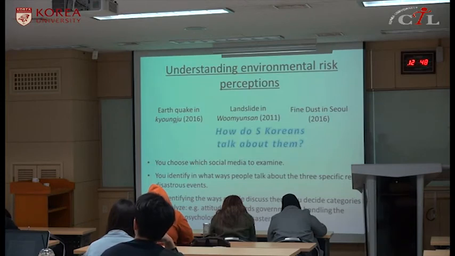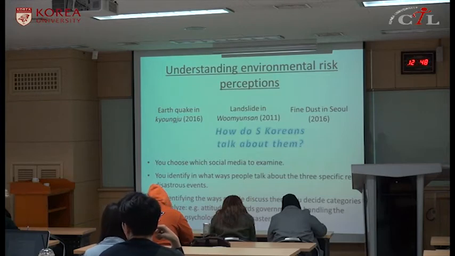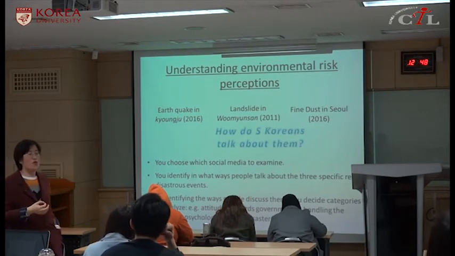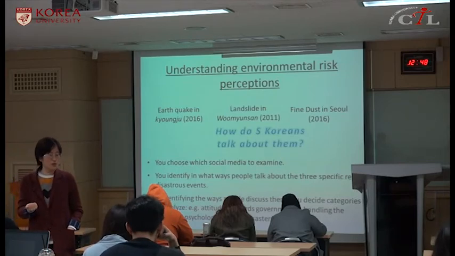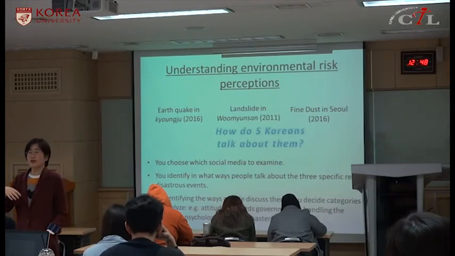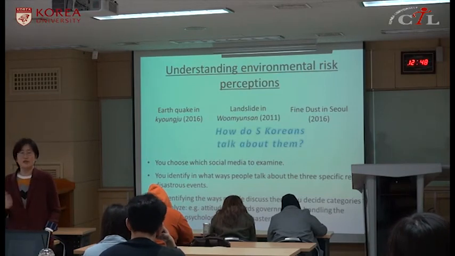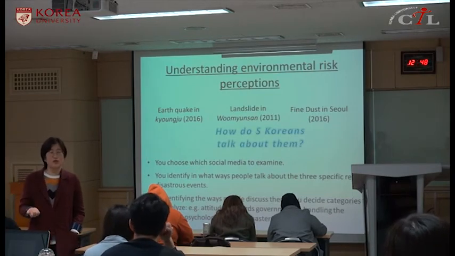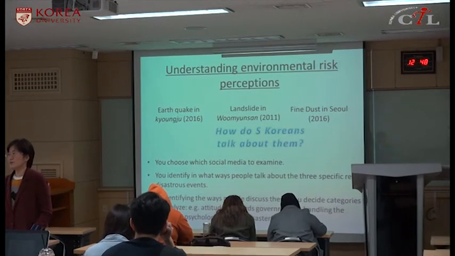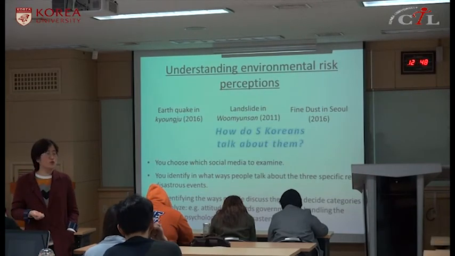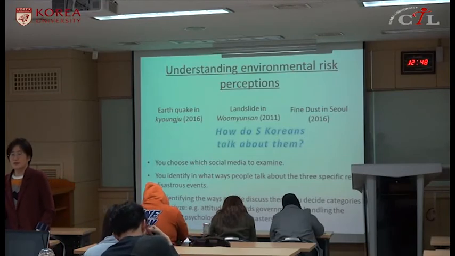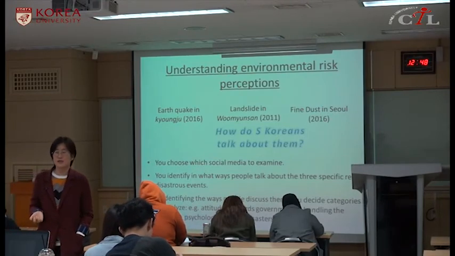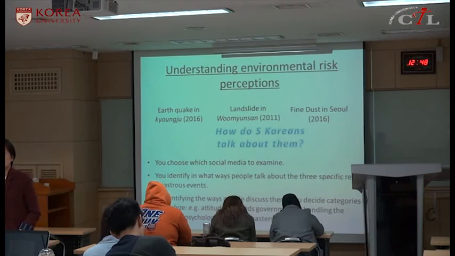Am I right? Okay, so you have to choose first which social media, whether it's an offline newspaper, which are the powerful major newspaper media, or the broadcasting media, KBS or MBC or Omai News or JTBC. Or you choose Facebook or Twitter. What else? Or internet news.